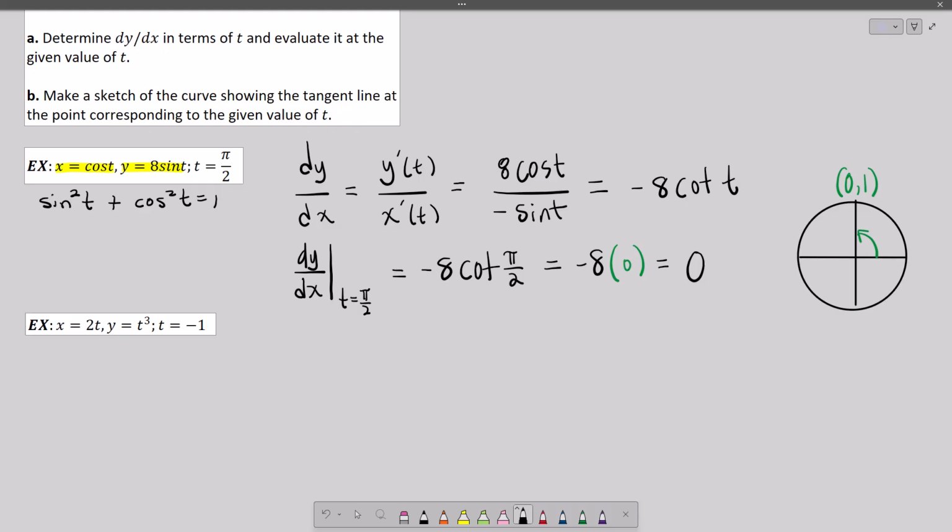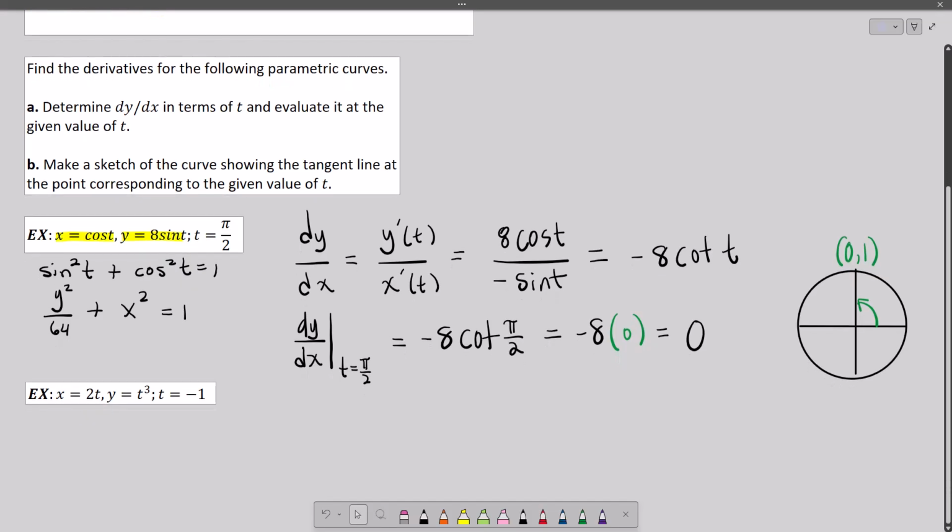If you isolate sine, it's y over 8, so y squared over 64. And cosine is already isolated to be x, so this is our ellipse equation.